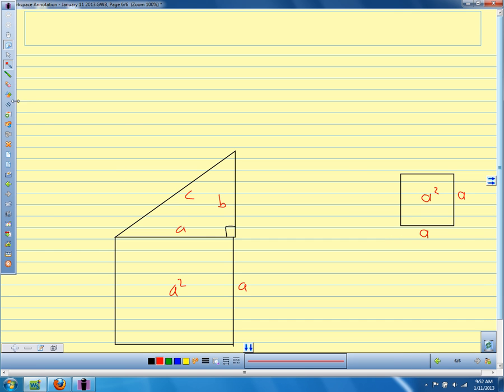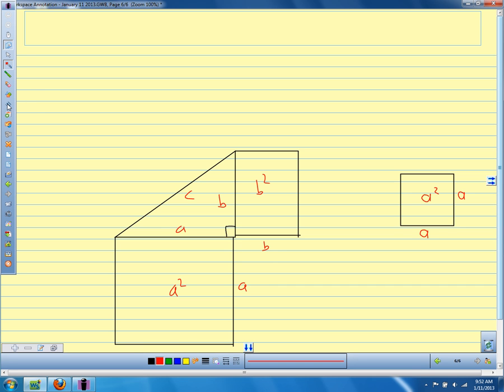And if I make a square on this side, and each side is B, then the area of that square is B squared.